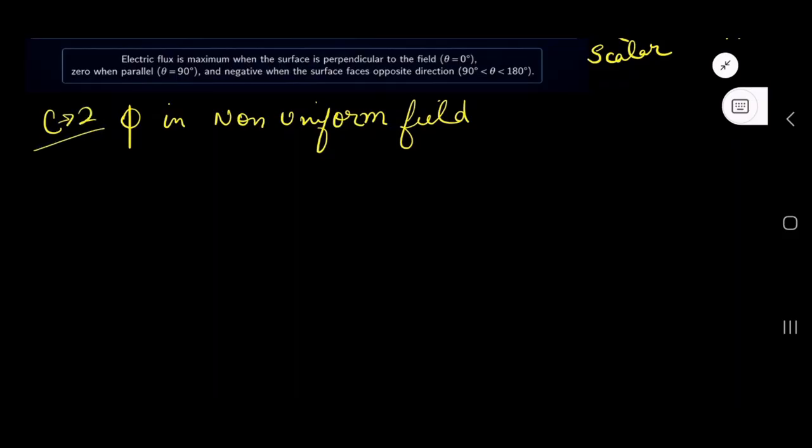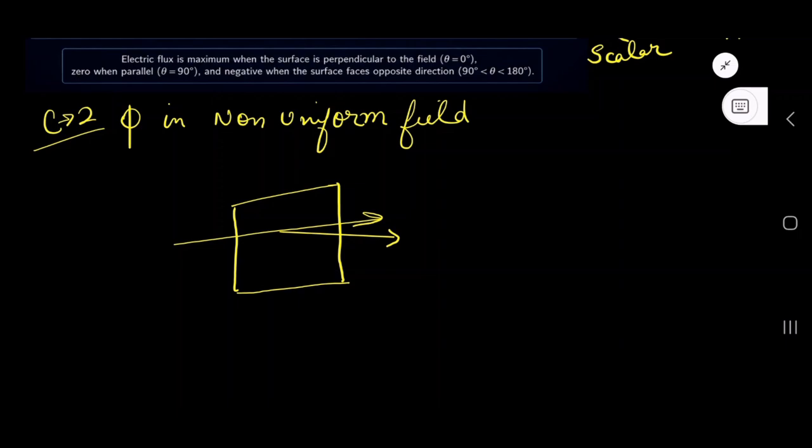And non-uniform electric field, suppose we have again some planar surface and some non-uniform electric field lines are crossing, right? What we'll do is we'll take again the area vector which is pointing outward normally like this. Okay, so we'll be taking a small area element, right?